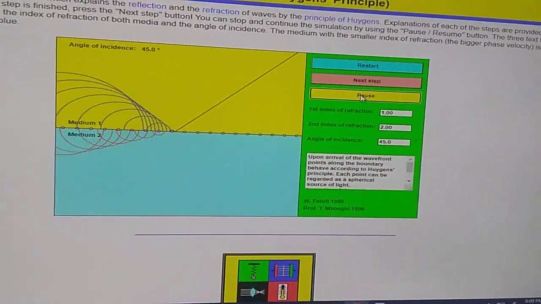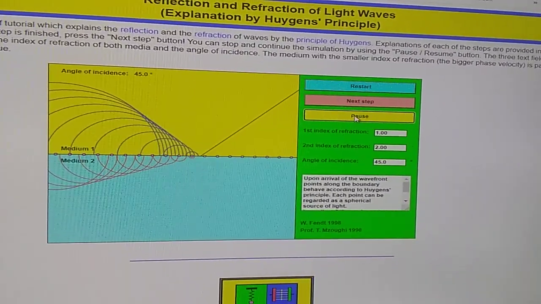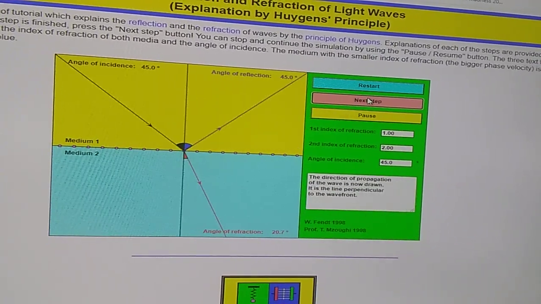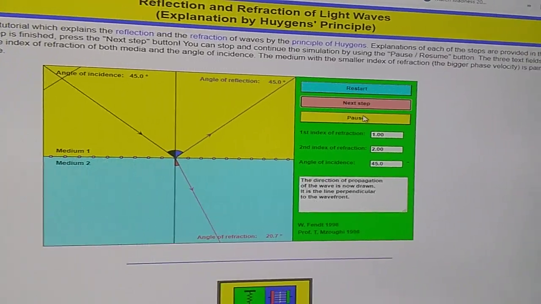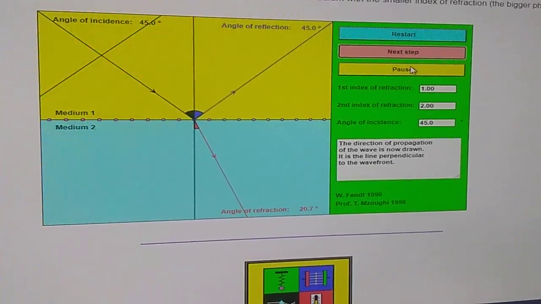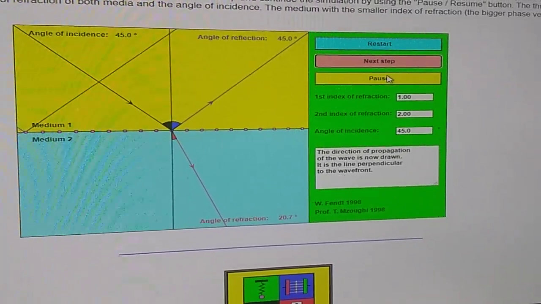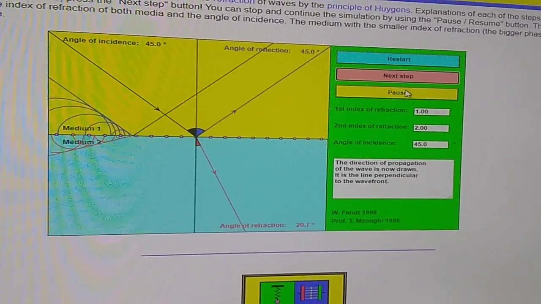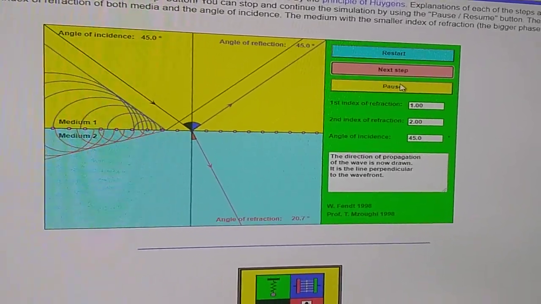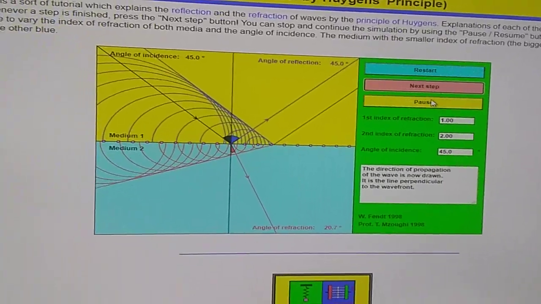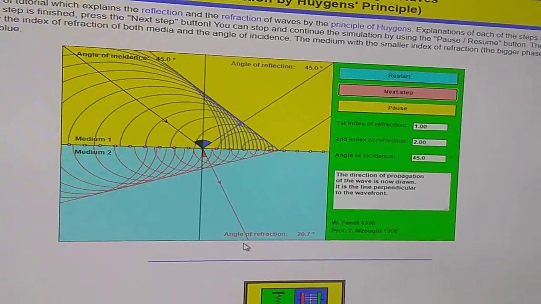If we let this go, we see that this plays out some more. I'm going to go to the next step. The only unfortunate part about the simulation is that it takes forever to load. We can see that those wave fronts that end up happening because of Huygens' principle, because of treating all the different parts of the wave as the source, end up being perpendicular to this ray down here.